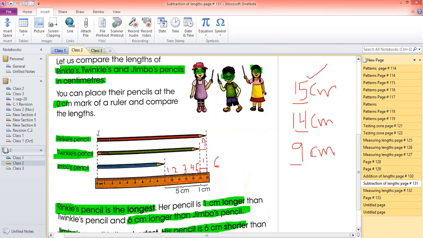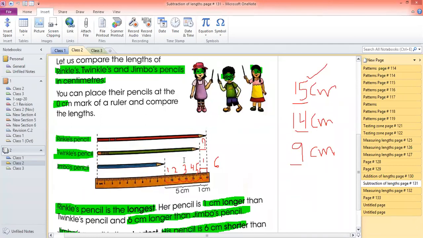One pencil belongs to Wrinkle, another one belongs to Twinkle, and the last one belongs to Jimbo. When you check the length of the pencils, you find out that Wrinkle has the longest pencil, which is 15 centimeter, whereas Twinkle has a pencil which is shorter than Wrinkle's and longer than Jimbo's, and that was 14 centimeter.